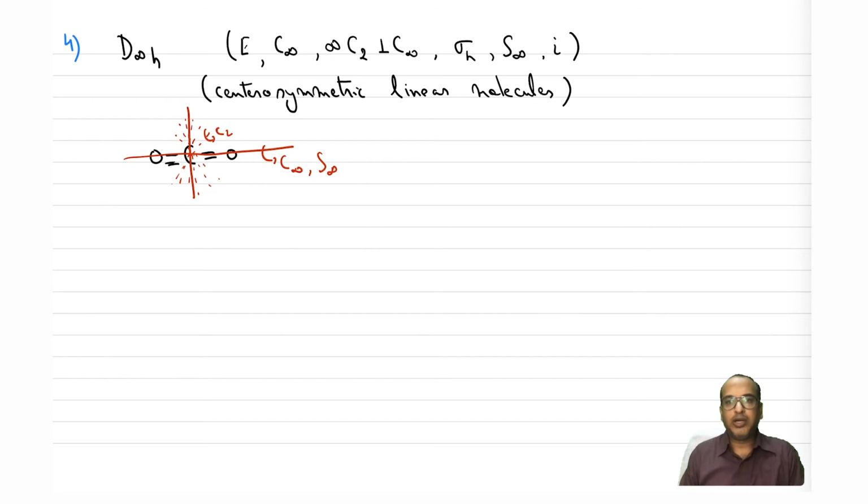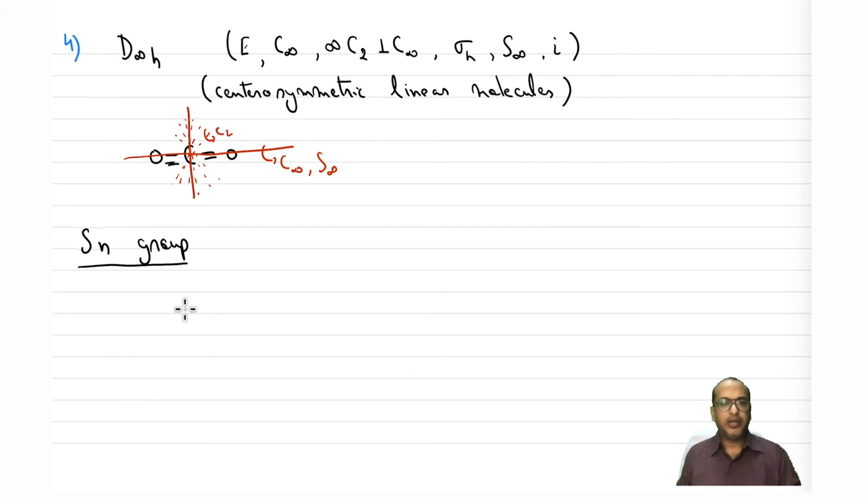Let us now look at the next category. The next category is very simple, but the examples are difficult to find in this group. It is actually not called S2n, it is called the Sn point group.